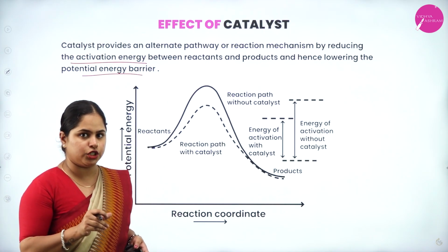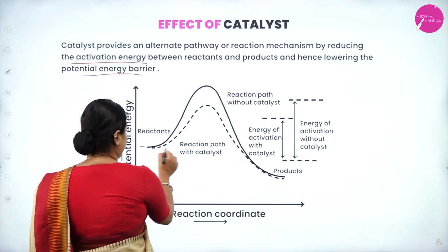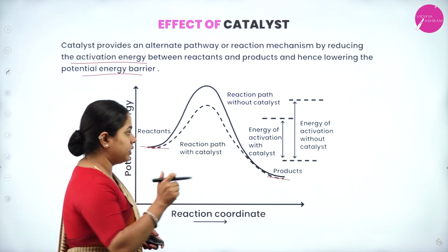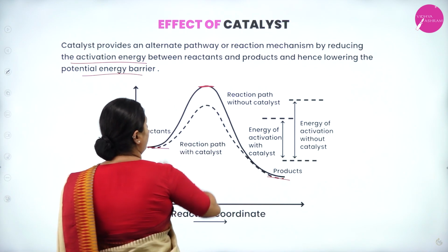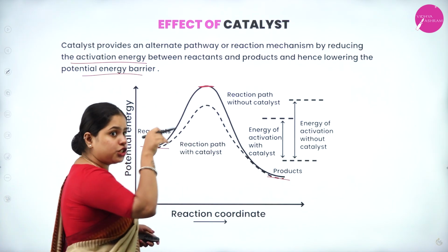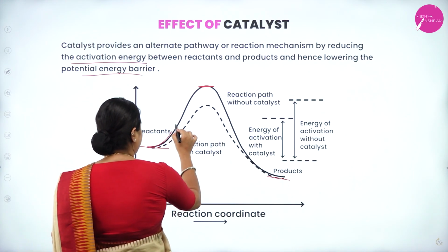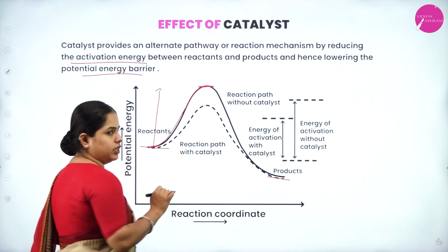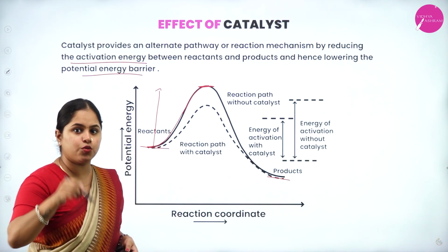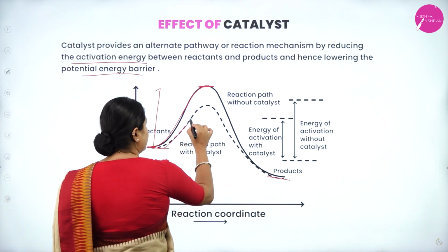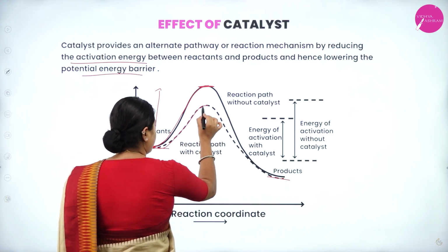So what was activation energy? If this is your reactants and these are your products, the energy required by the reactants to form this activated complex is called the activation energy. Before the addition of the catalyst, this much was the activation energy. Now by the addition of the catalyst, the activation energy is reduced, only this much is required, from here to here.